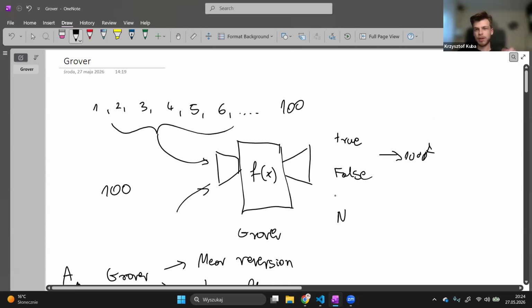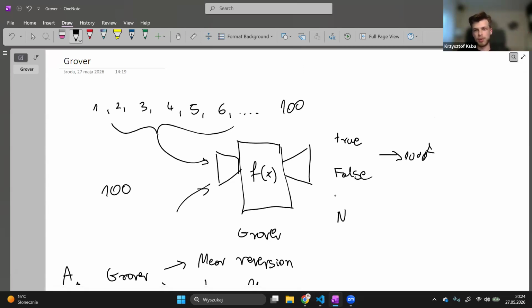In the second scenario, we are the ones who provide the oracle to someone, and we say, here is your oracle, try to find the key. And our task is now to implement this oracle that we will give to someone.